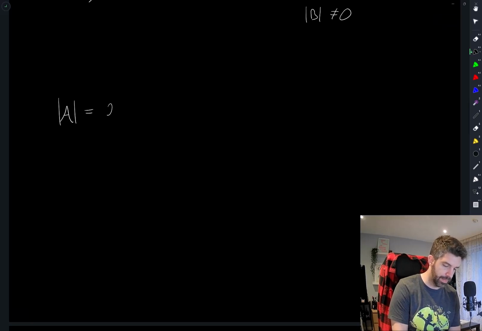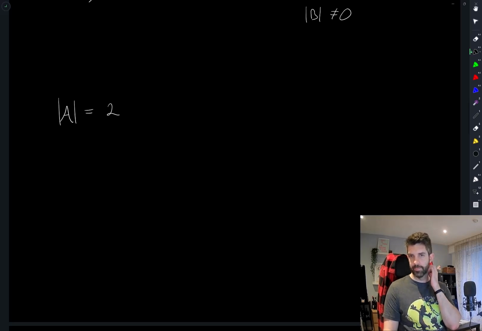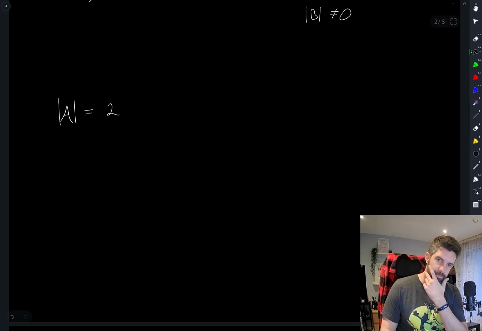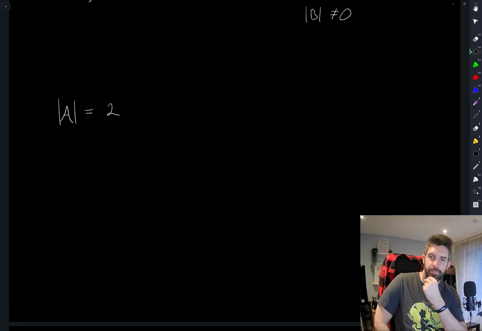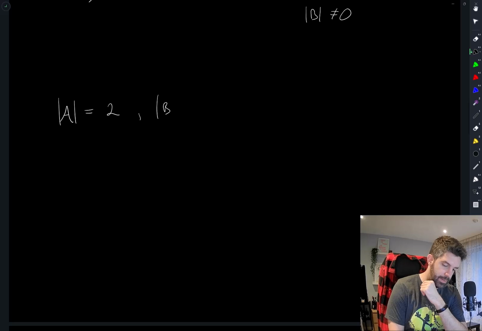Let's suppose the cardinality of A is equal to 2, and let's suppose the cardinality of B is equal to 1.